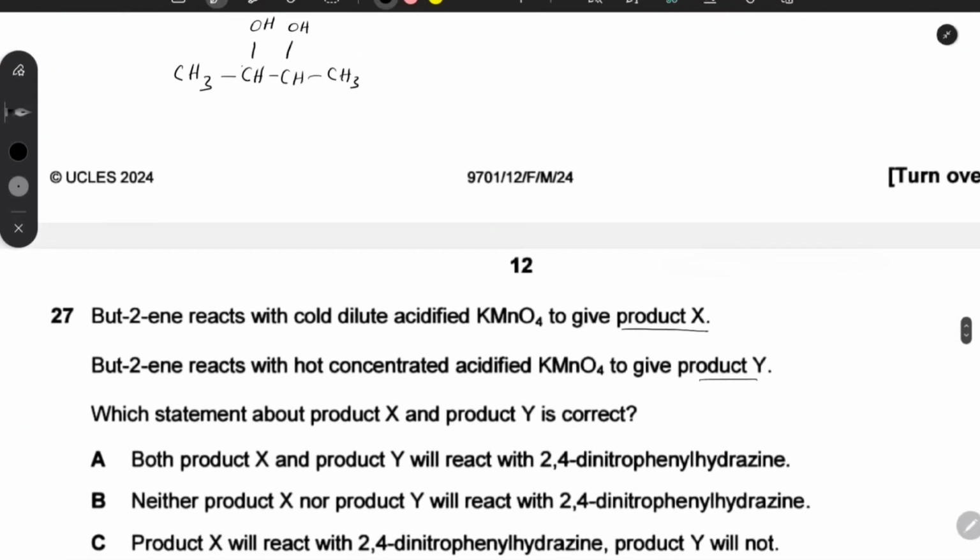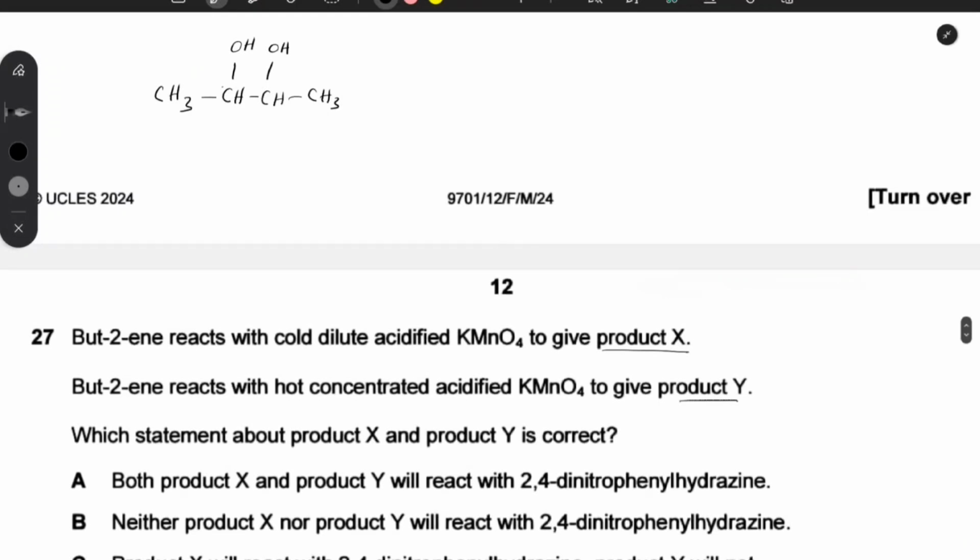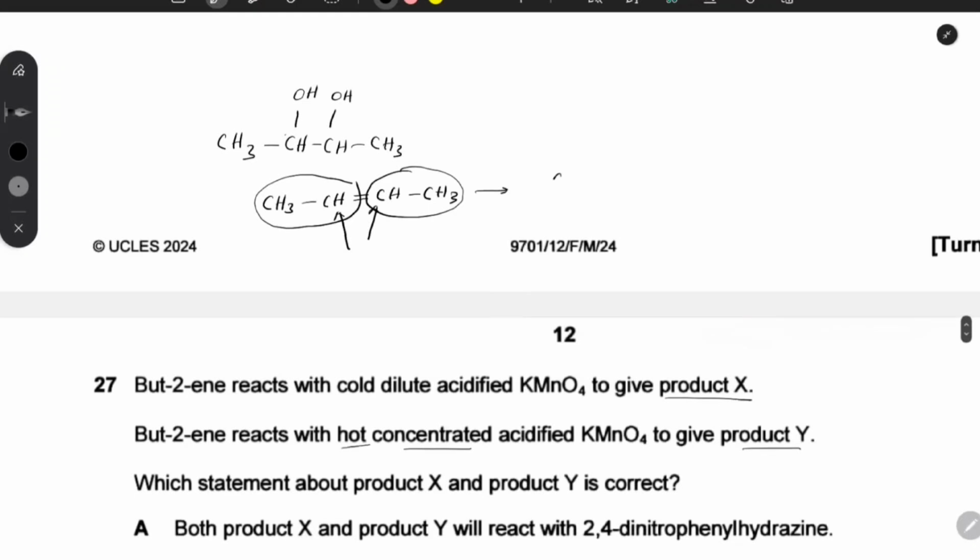and this is a diol. But when you react this butene with hot concentrated KMnO4, then this double bond will break and these two parts will attach with oxygen, because KMnO4 is a very strong oxidizing agent and you are now using hot concentrated KMnO4. So in the presence of these drastic conditions, this will break and this carbon will attach with one oxygen and this one will also attach with one oxygen, and you will get these two products.